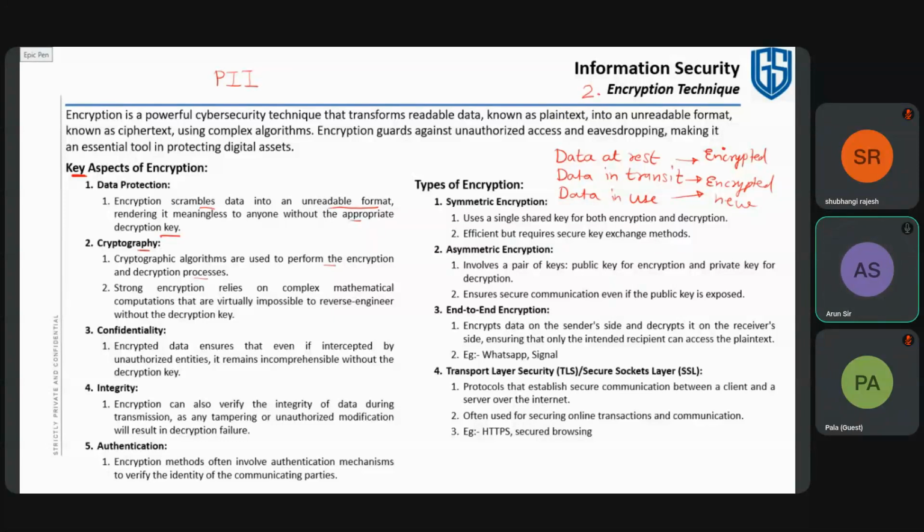So those encryptions cannot be guessed before that. This is how we can make lots of information encrypted, and it is very difficult to decrypt without the decryption key. It is almost impossible to reverse engineer without the decryption key.